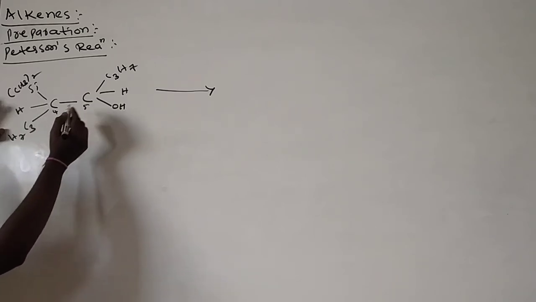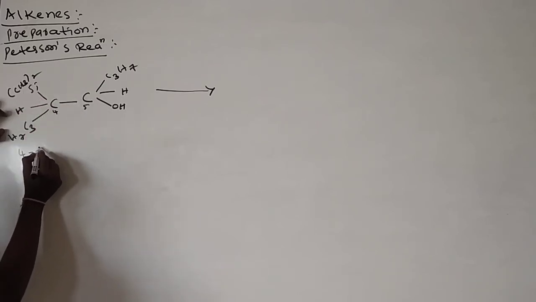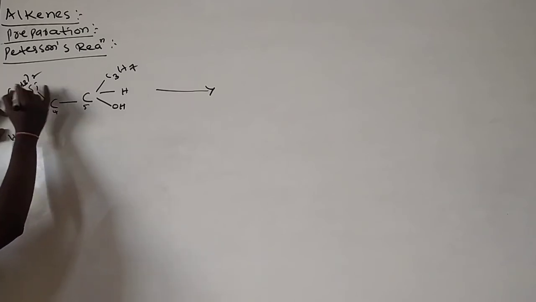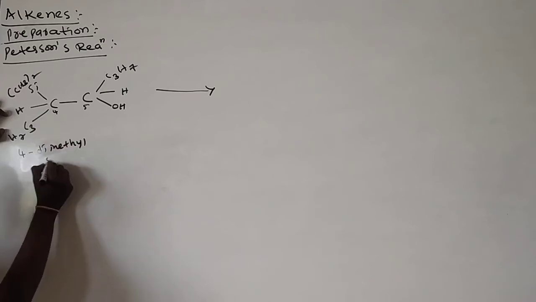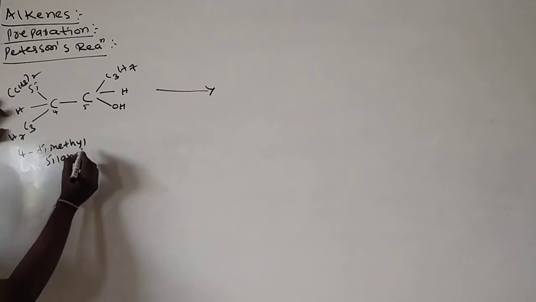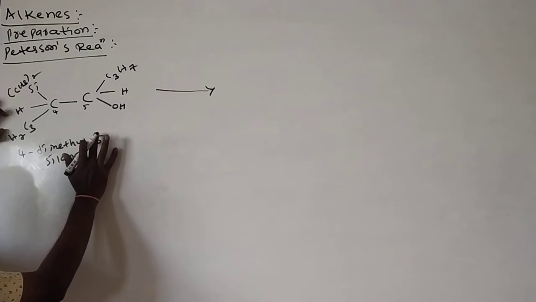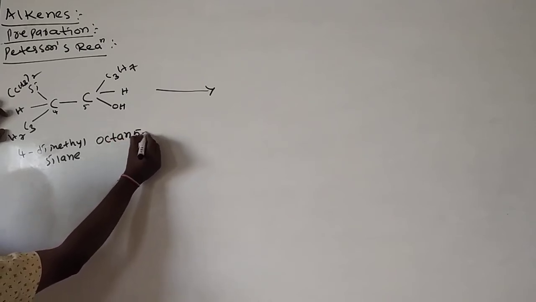At the 4th position, we have 4-dimethylsilyl, SiCH3 taken twice, and here 5-ol. 5-ol means 8 carbon atoms are there. Octan-5-ol. This is the IUPAC name of this molecule in this Peterson reaction.